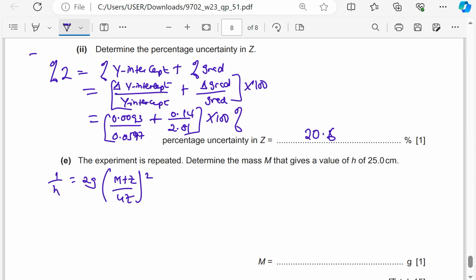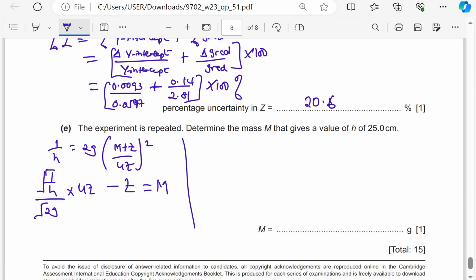So I'm going to make m the subject here. When I open the brackets, you notice that 1 over h under square root, then I multiply this by, so divide by root of 2g, then times uz, then I subtract z. This should give me m.